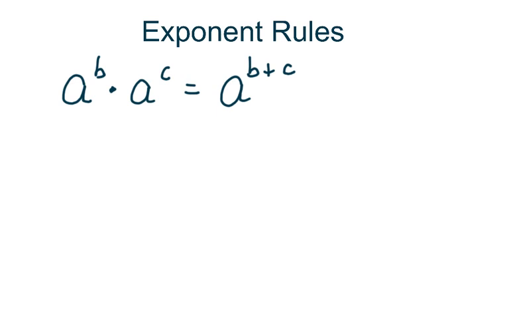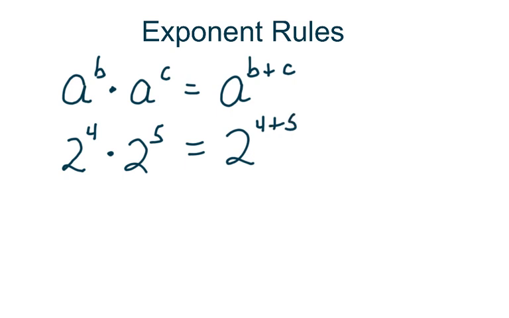The next one we want to cover is whenever we multiply the same base. If we're multiplying a to the b power times a to the c power, that becomes a to the b plus c power. Numerically, if we have 2 to the 4th power times 2 to the 5th power, that becomes 2 to the 4 plus 5, or 2 to the 9th.